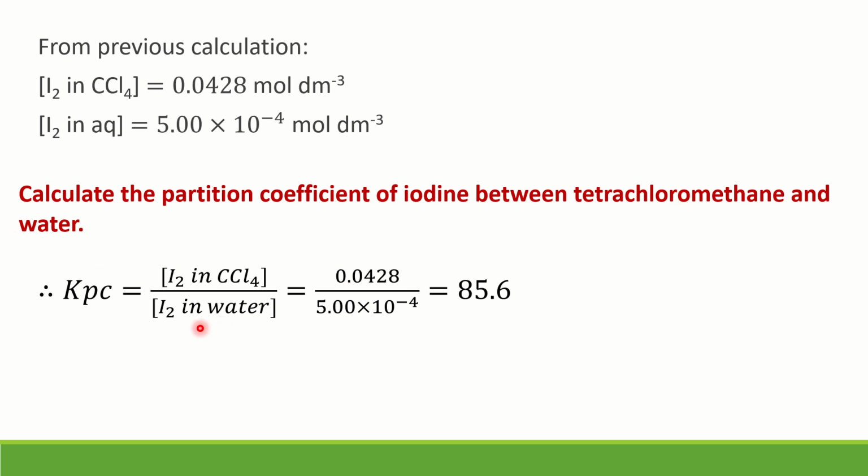Then you divide it by the concentration of iodine in water, which is equal to 0.0428 divided by 5.00 times 10 negative 4. Then you will get 85.6. And remember, these two concentrations must have the same unit. Here, I'm using mole per dm cube. And for your final answer, make sure it is 3 significant figures. And since Kpc is a ratio, again, there is no unit.